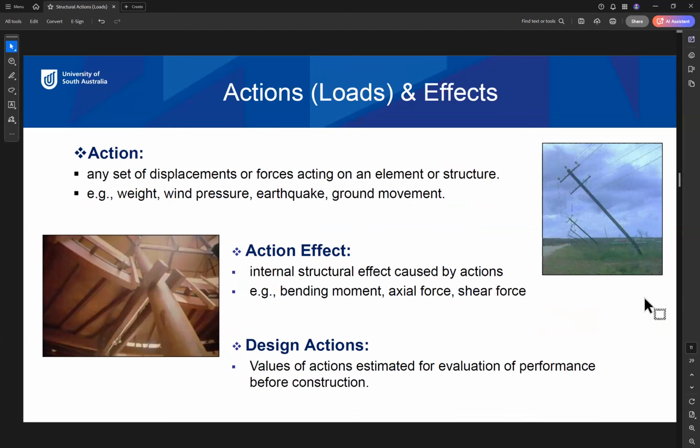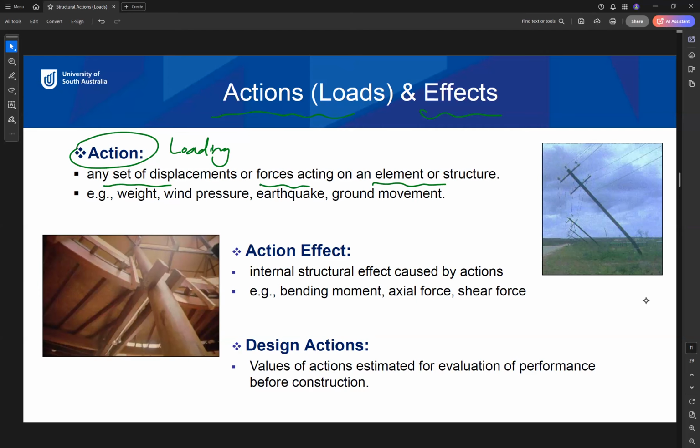Here is also a revision. Thank you, Max. So there is a revision about some of the actions around us and their effects. What does action, or loading, mean? An action or loading means any set of displacements or forces acting on an element or structure.